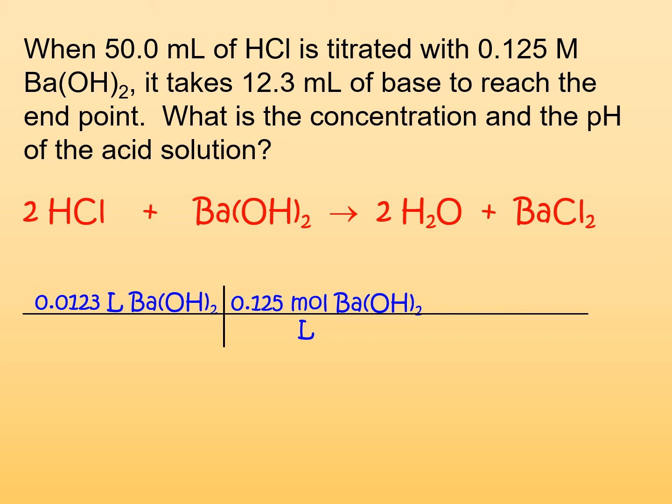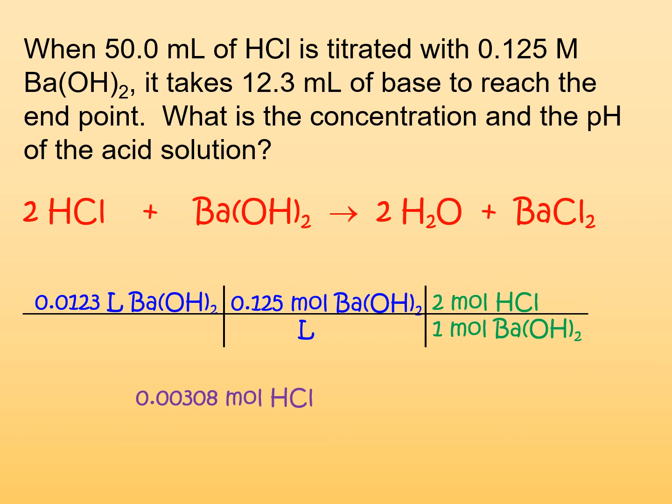So remember, it's a 2-to-1 ratio. So that is going to give us moles of hydrochloric acid. To get molarity, you do moles divided by liters, so divided by the 50 milliliters, 0.05 liters, to get a concentration of hydrochloric acid that's 0.0615 molar.